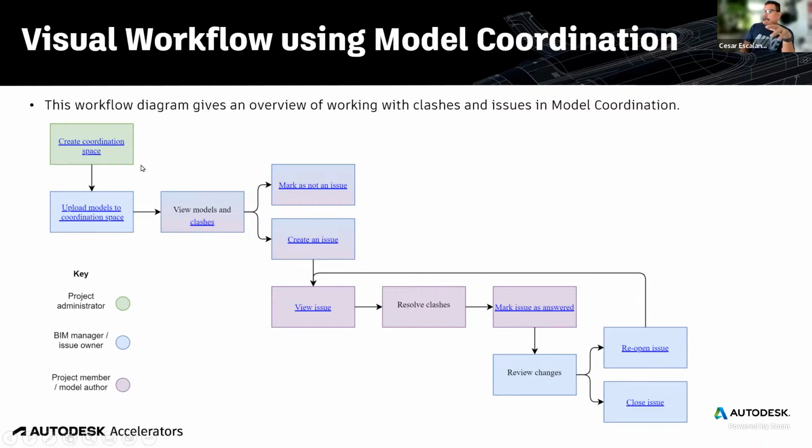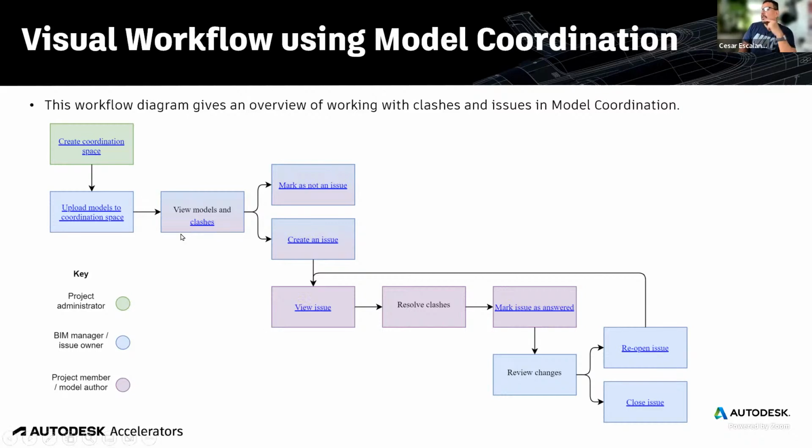There are two ways to display the model coordination clashes. One is a tabular display, a table where you map the list of models vertically and the list of models horizontally, and then you compare models against models, and it will display a list of clashes.